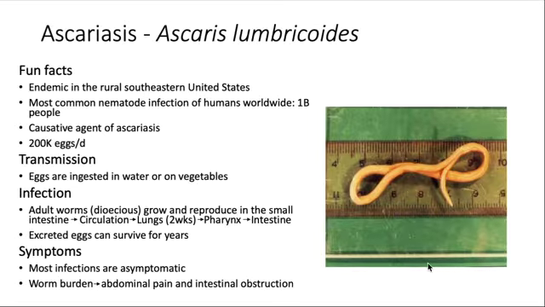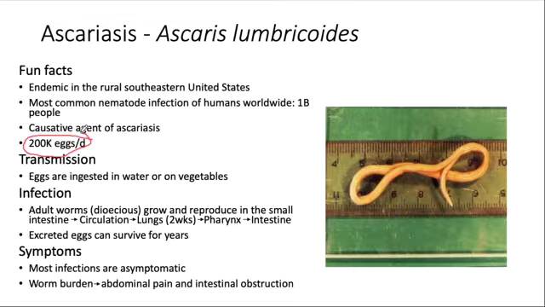Over 200,000 eggs are laid every day by this particular pathogen. That's a lot of eggs. And it's transmitted through water or food contamination. The adults are dioecious. When the eggs are ingested, they will mature into an adult.